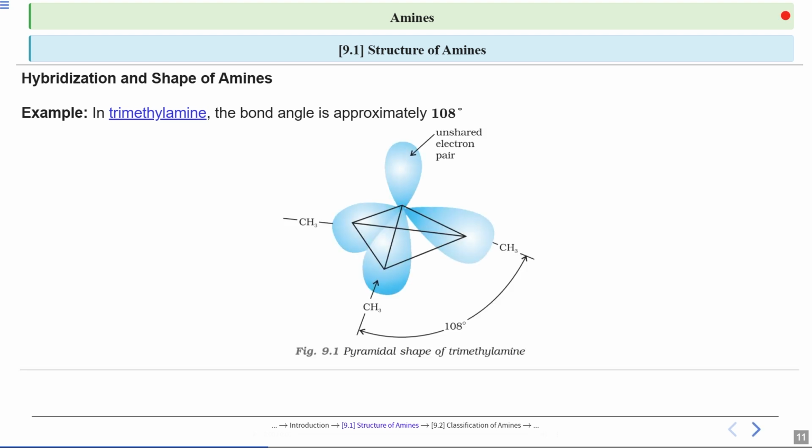If you look at this example, this is trimethylamine. You will see 3 methyl groups bonded to this nitrogen, and it has one unshared electron pair. So the bond angle is 108 degrees, which is slightly less than the ideal tetrahedral, because of the lone pair and bond pair repulsion.